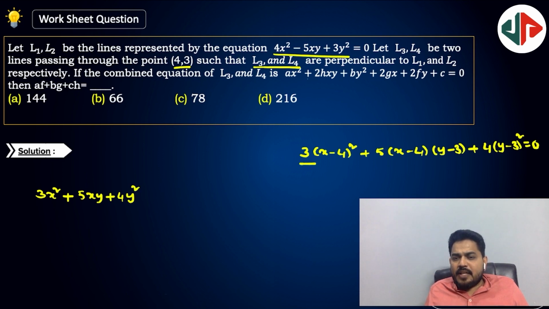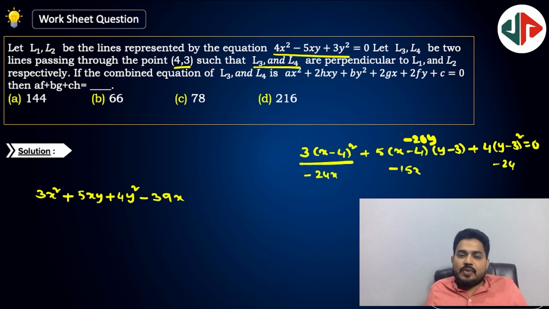From here, minus 24x, here minus 15x, so minus 39x. From here you'll get minus 20y and here minus 24y, so it is minus 44y.